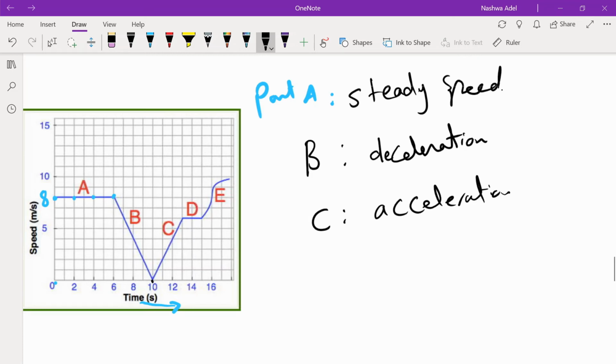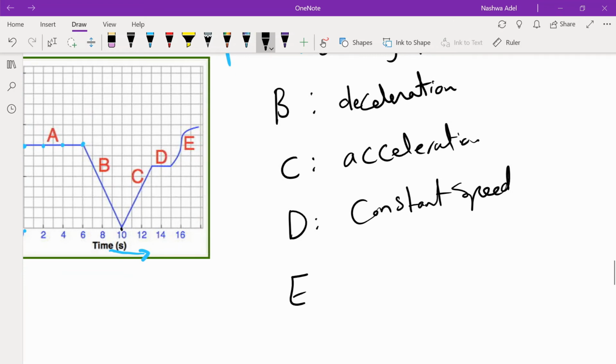Okay, part D is the same as A, it is constant speed. Okay, and part E, this curved part, is acceleration but non-uniform acceleration.